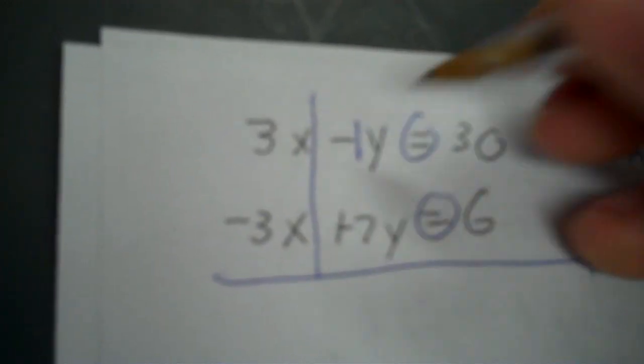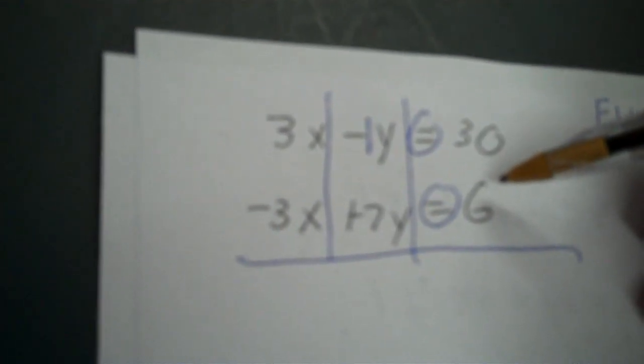So you got your x's, put a 1, you got your y's, and then your constants are over here. Now in the elimination method, either the x's or the y's have to add to 0. So we have the same term right there, and they're opposites, positive and negative. So if I add those, that takes me to 0x, okay?